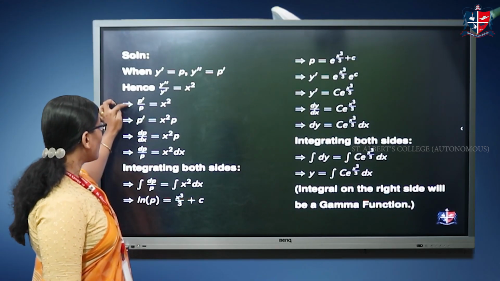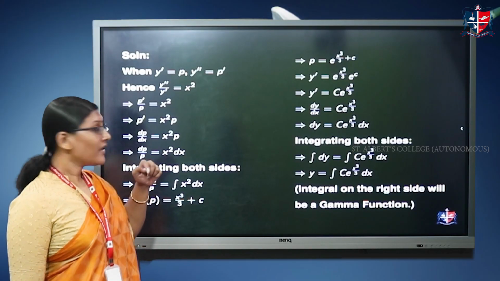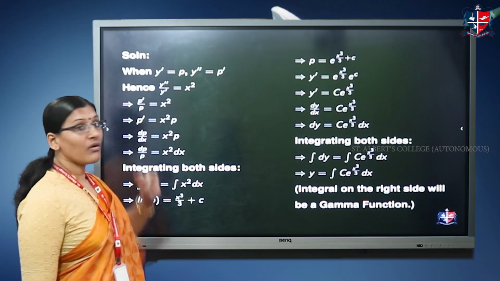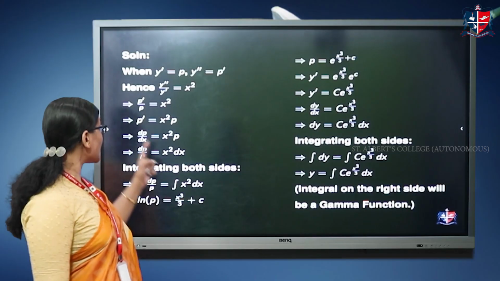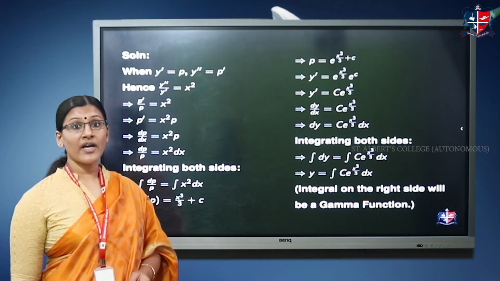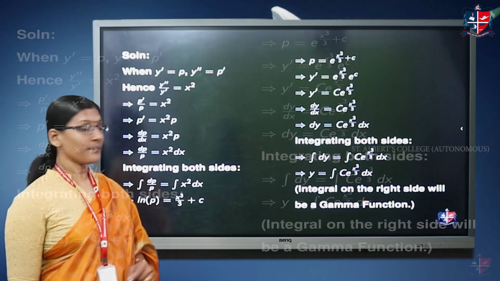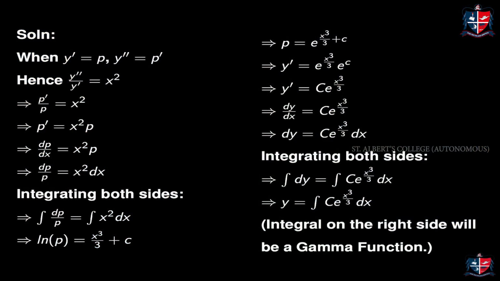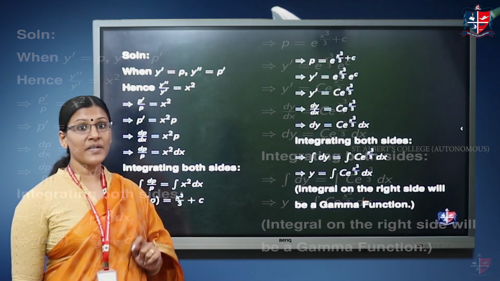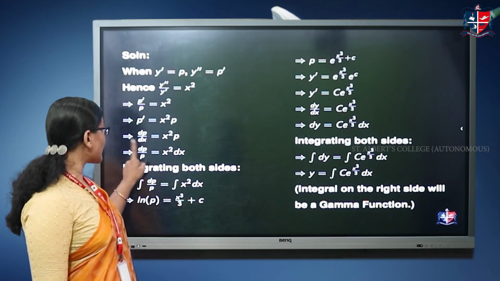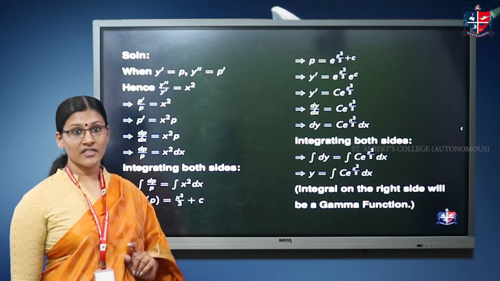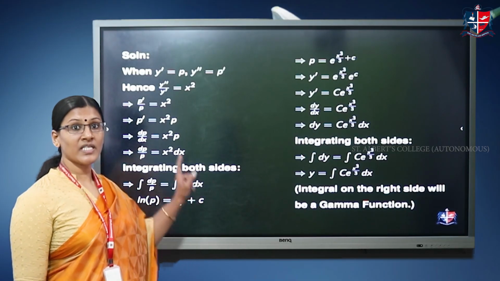Now we bring p to the right hand side and we get p dash equal to x square into p. p dash is dp by dx. So substituting dp by dx for p dash, we get dp by dx equal to x square into p. Now we got a new ordinary differential equation in two variables p and x. And this is a first order ordinary differential equation since the highest derivative is dp by dx.